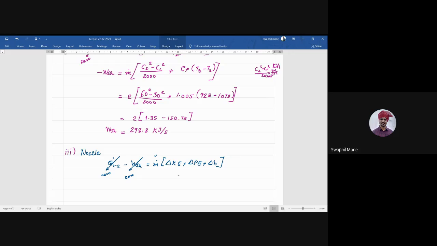Yes or no? So by definition also, this should come and enthalpy should come, and Pe should be equal to 0. So we get 0 minus 0 is equal to m dot into delta Ke plus delta H. Correct?